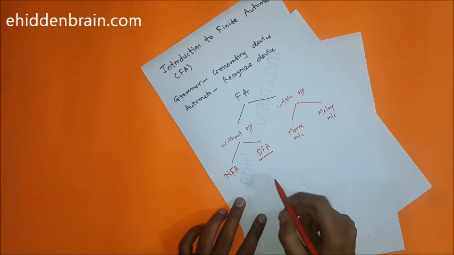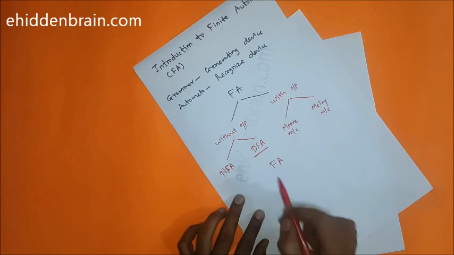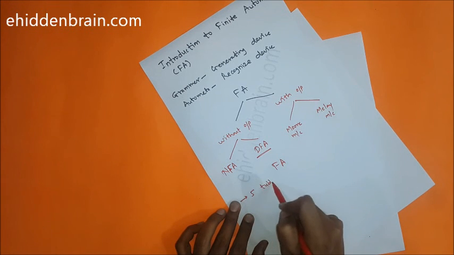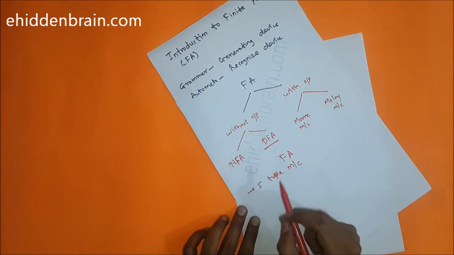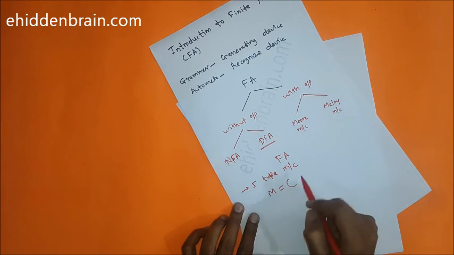Now let's look at the mathematical definition of finite automata. Finite automata is a 5-tuple machine, denoted by, let's say, M, which consists of the 5 tuples.